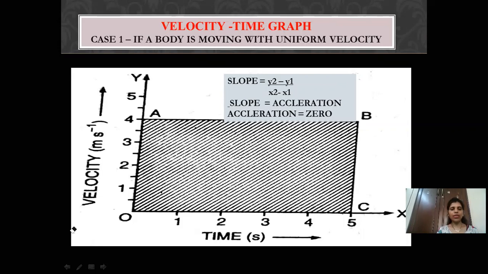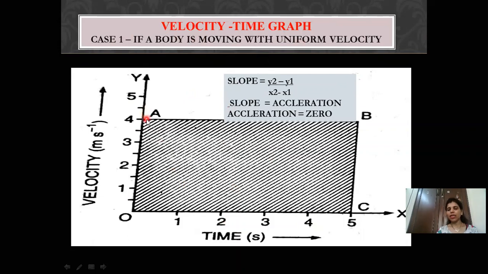Here you can see that the graphical representation is velocity versus time. Okay, so it's velocity time graph. So this is case one where you can see that on y-axis it is velocity and on x-axis it is time. And I have written that the body is moving with uniform velocity.